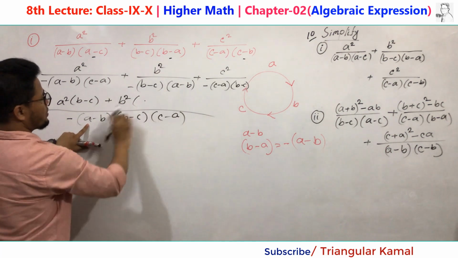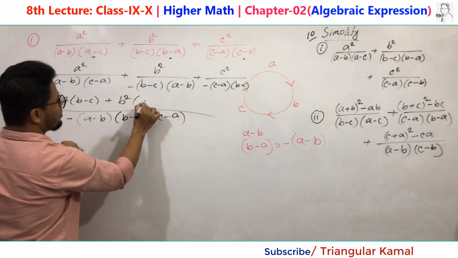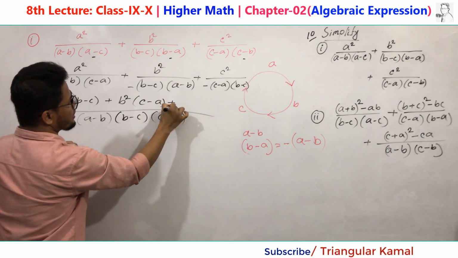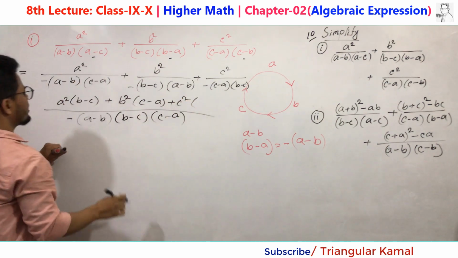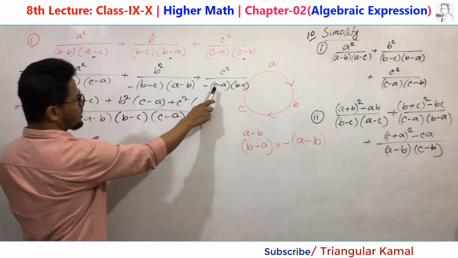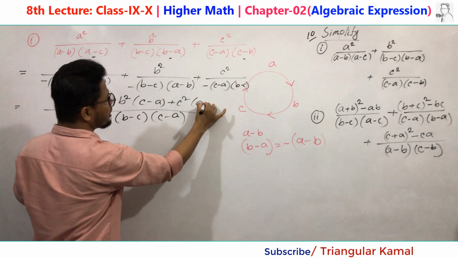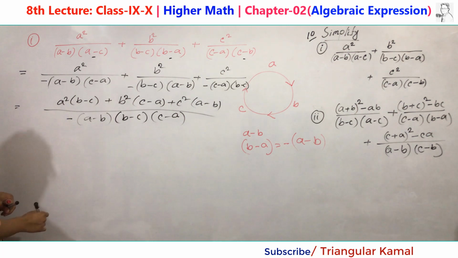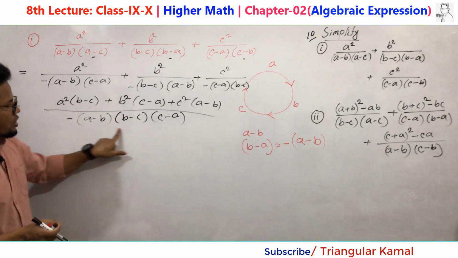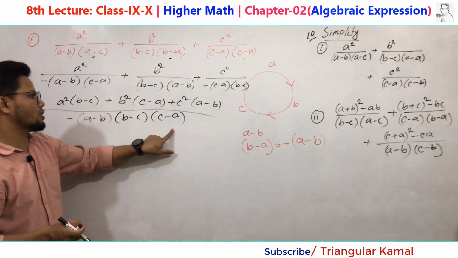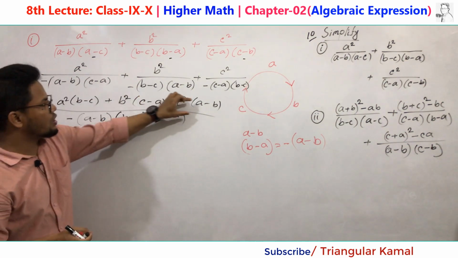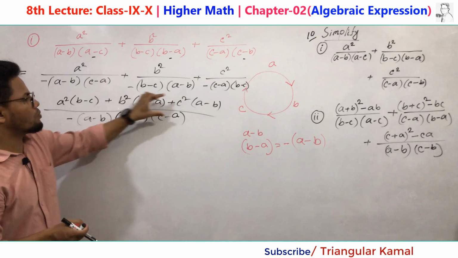like a minus b, and this one will be c minus a. And similarly c square will be c minus a, and b minus c eliminate, this one will be only a minus b. So now do simple calculation. Almost we see here the three factors, but we have to calculate only the numerator part.